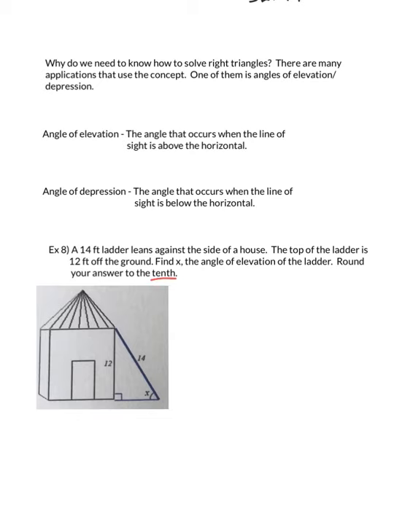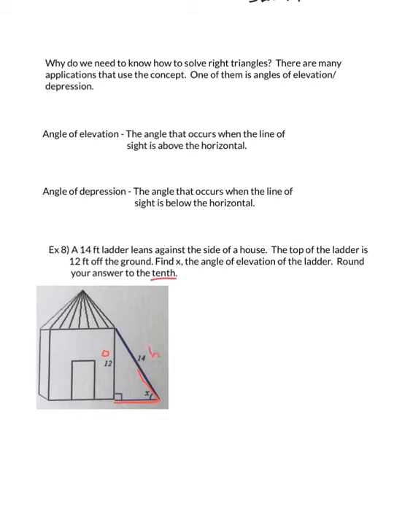First of all, I want you to note that here's the horizontal, and the angle of elevation is what's coming up from the horizontal. So that's what we mean about above the horizontal. So in looking at this figure, I want to find angle X. And the items that I have in relationship to angle X are the opposite and the hypotenuse.